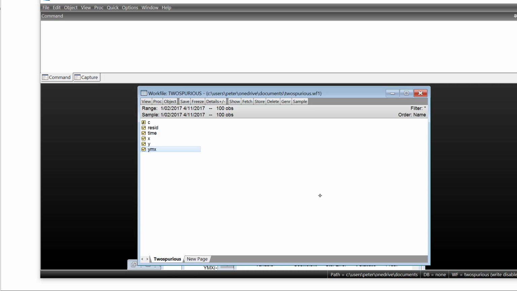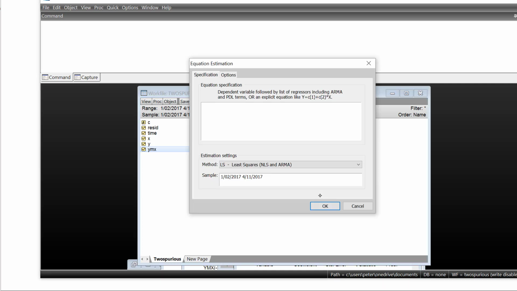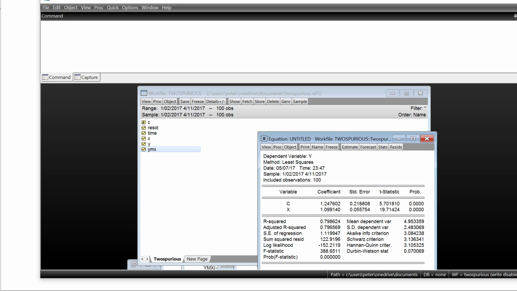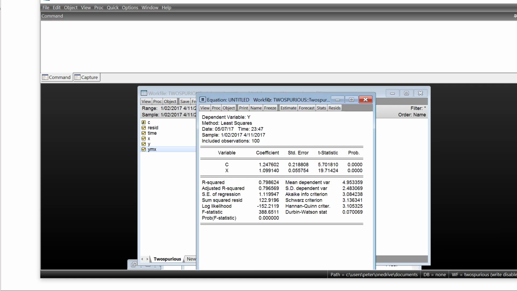Going back to this case where we figured out that x and y were not cointegrated, I no longer have a path to running a linear regression. In this case, the result will very likely be completely spurious. So if I run my regression y c x, I do find an incredibly strong relationship between x and y.